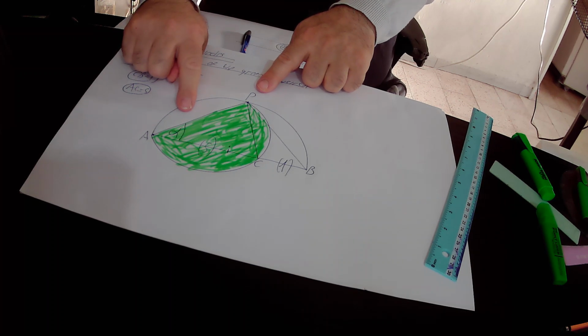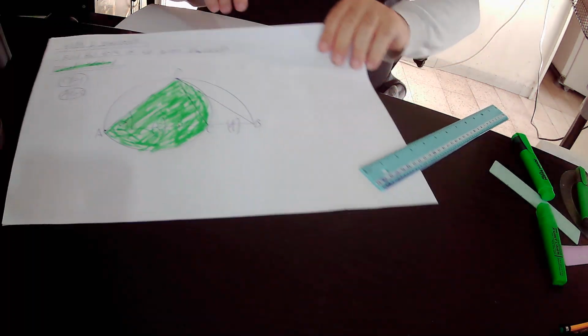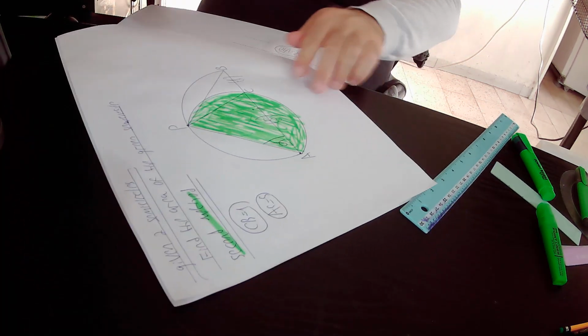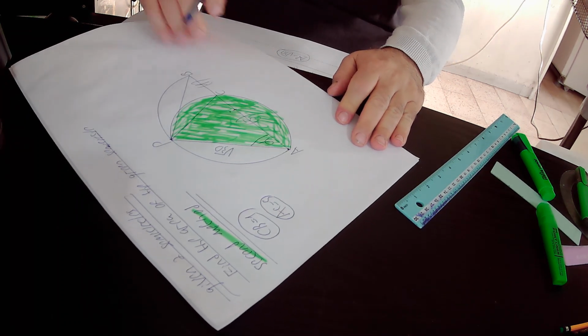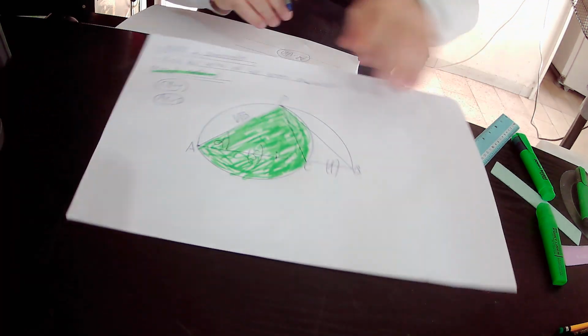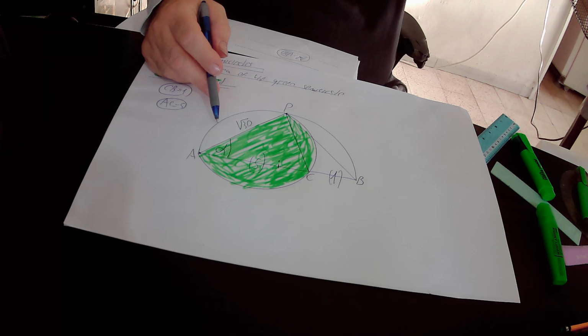AP is actually the diameter of this green semicircle, so I write it down. Here AP equals the square root of 30 units in its length. So the diameter AP of this green semicircle equals square root of 30.